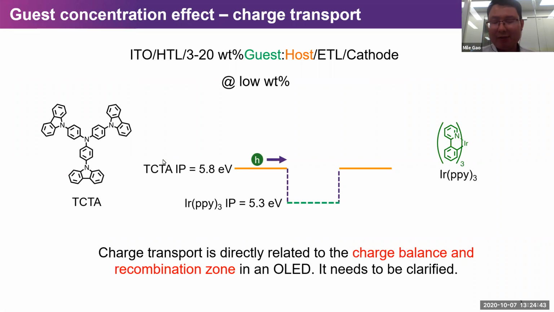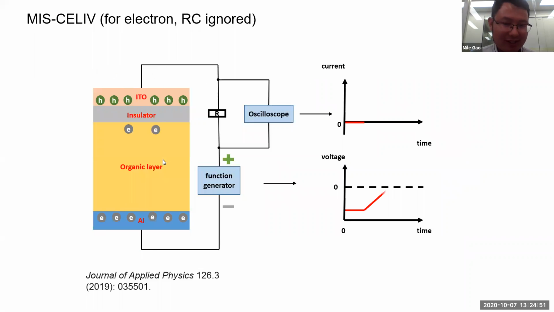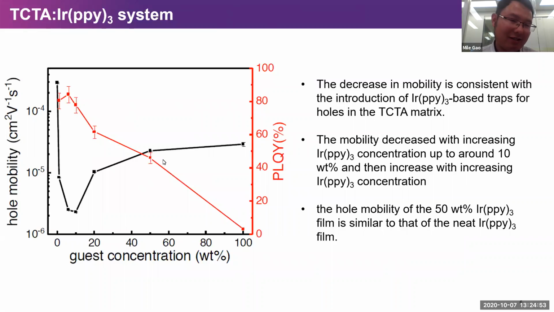So we didn't measure it, but from these predictions, we might expect the electron mobility to be high in the beginning, and then with the doping of TCTA, it will decrease because TCTA is a hole transporting material and electron blocking material. Basically, that's what we expect to see.